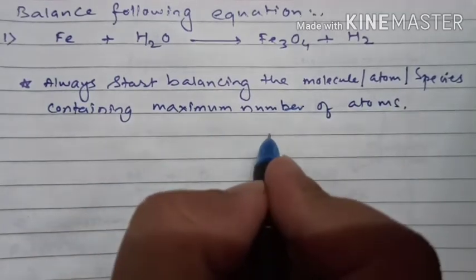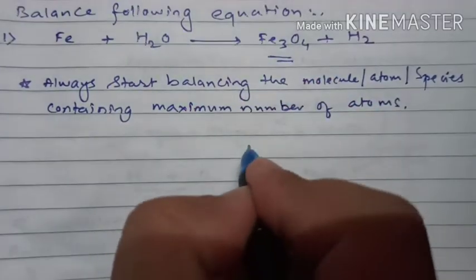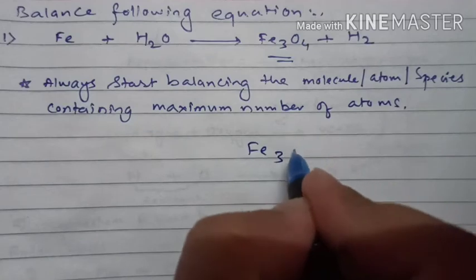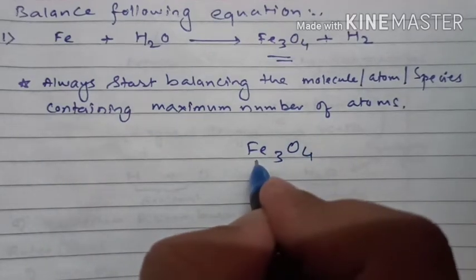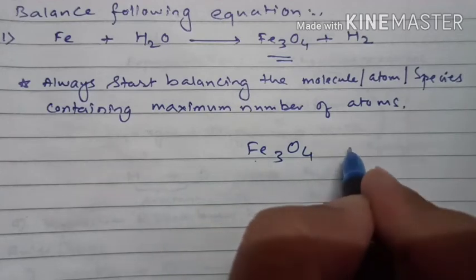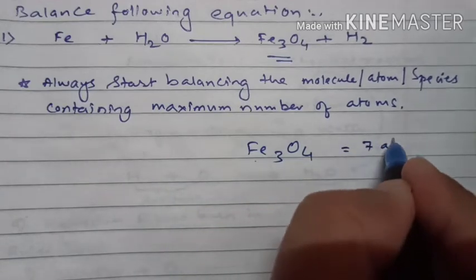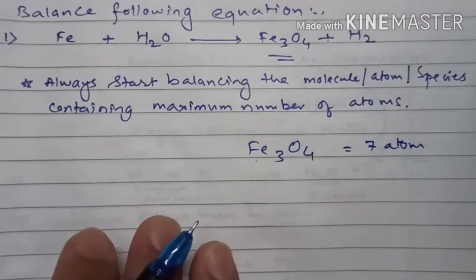In the above example, Fe3O4 has the maximum number of atoms: 3 atoms of iron, 4 atoms of oxygen, total 7 atoms. So we will first balance it.